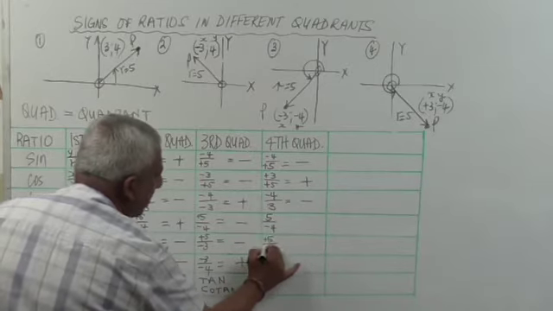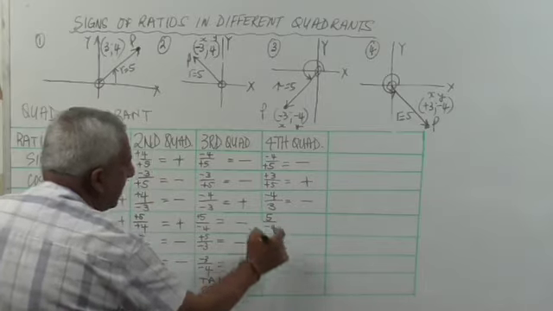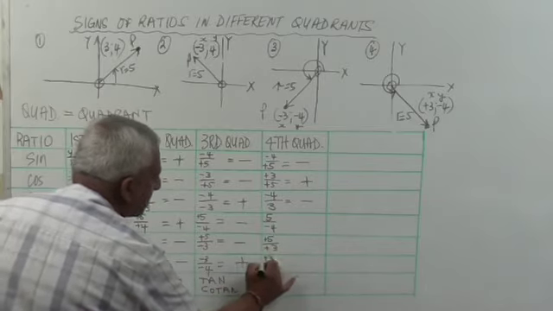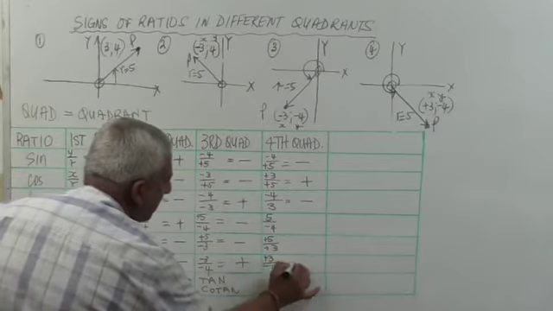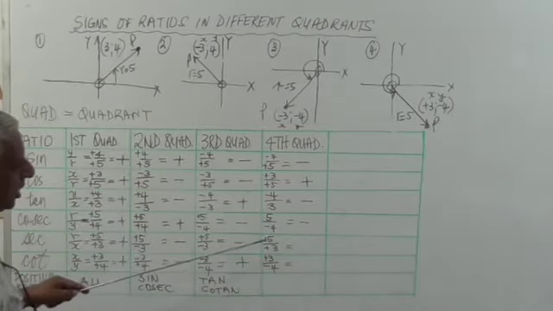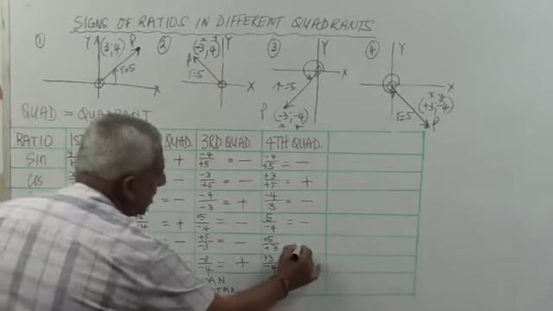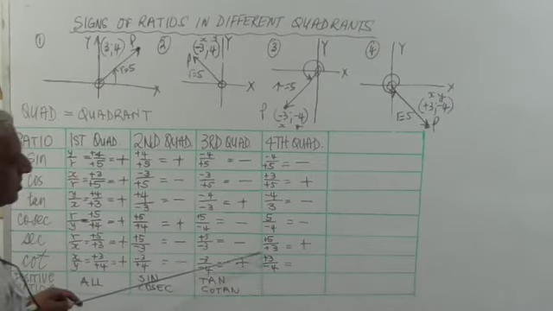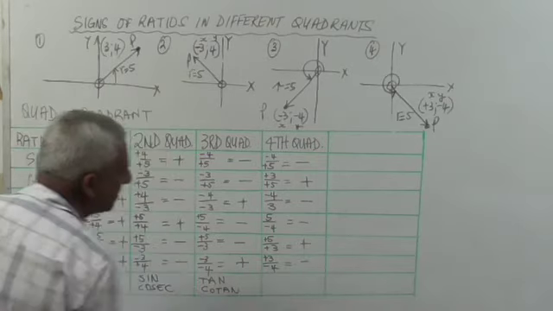Positive 5 over positive 3. Invert that, positive 3 over negative 4. Positive divided by negative, negative. Positive divided by positive, positive. Positive divided by negative, negative.